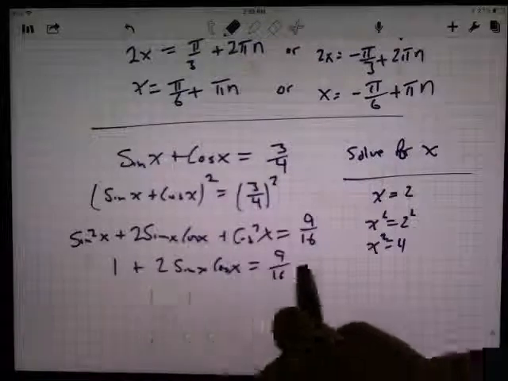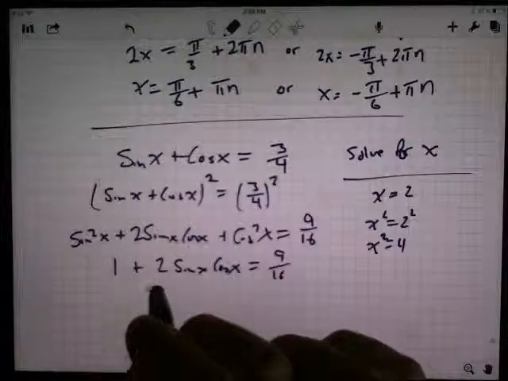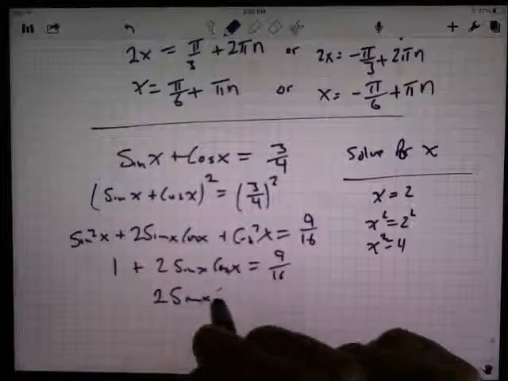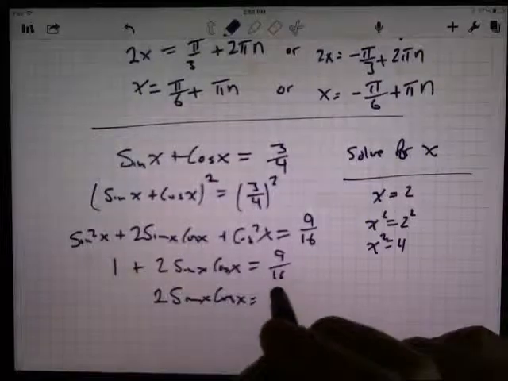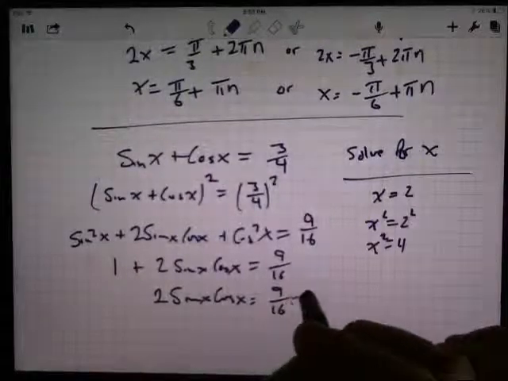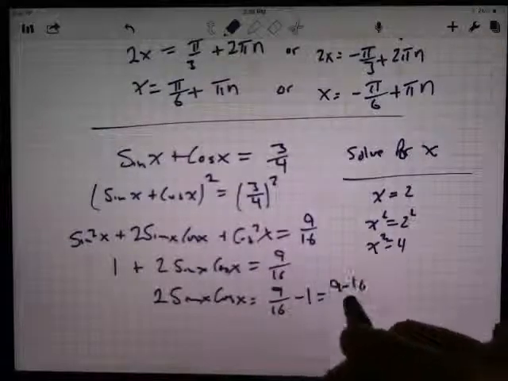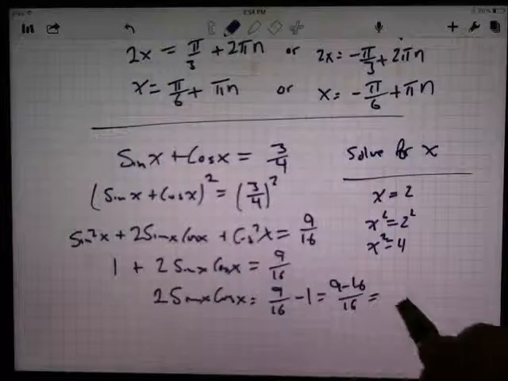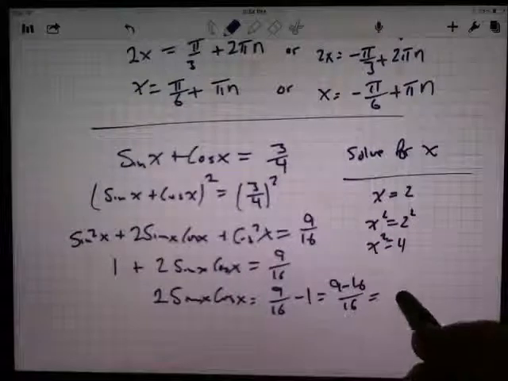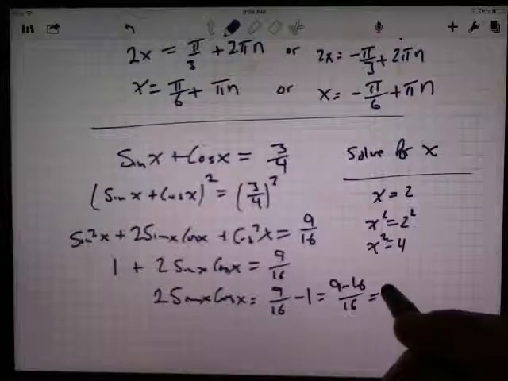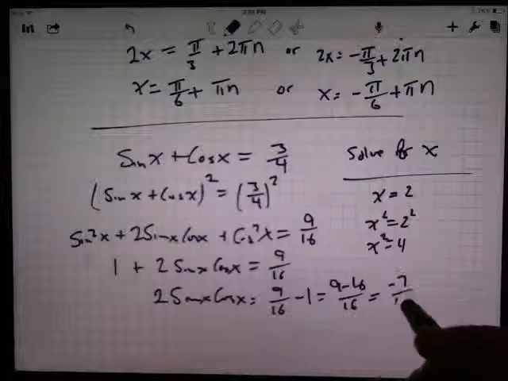If I subtract the 1 to the other side, I've got 2 sine x cosine x equals 9 over 16 minus 1, which would be 9 minus 16 over 16, which is, I take away 16, negative 7 over 16.